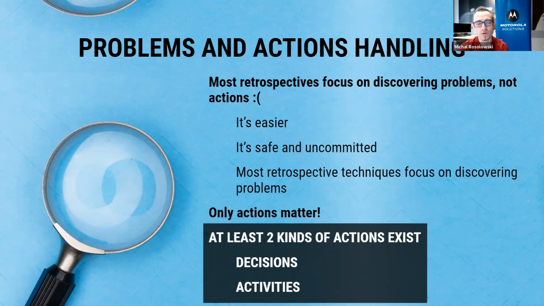Only actions change your organization, not problem generation. And I found it useful to realize that there are at least two kinds of actions. These are decisions, or you may say enablers, and there are activities that you can do.